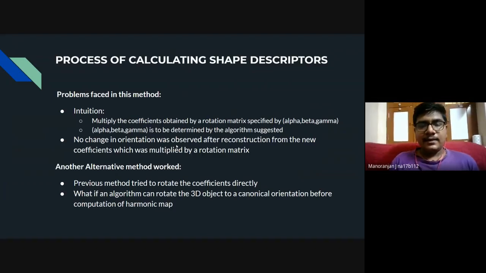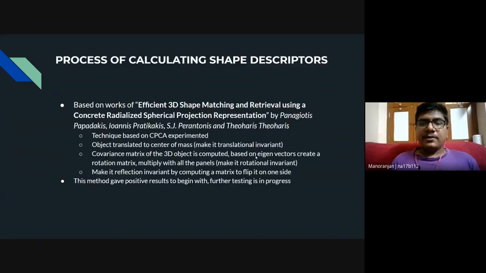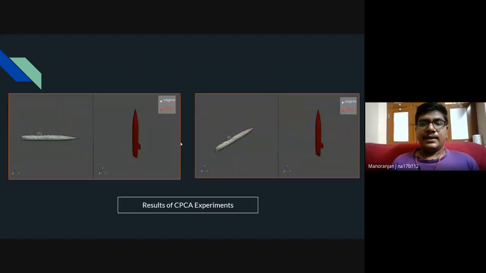It indirectly depends upon the shape, but it can be algorithmically computed and it can be learned by the neural network. Okay, canonical orientation, is it? A canonical orientation is some orientation that all the objects of a particular type can go onto, so that we can compute the shape descriptors.